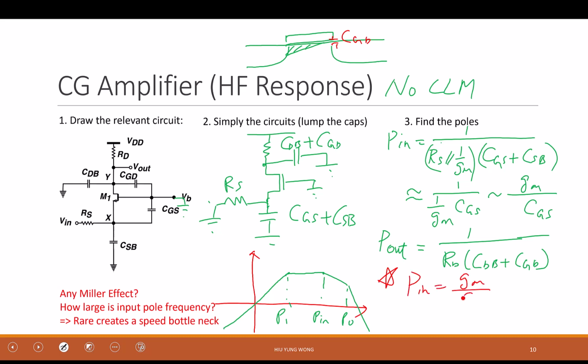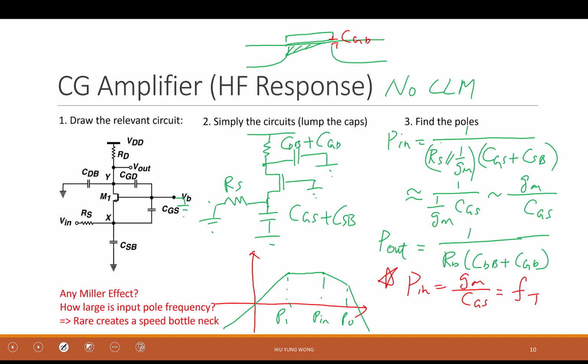GM divided by CGS is just equal to the transit frequency, the fastest your transistor can operate. Remember, we spent time on that. It is where the current gain equals 1. So your transit frequency may be 50 gigahertz, 100 gigahertz.